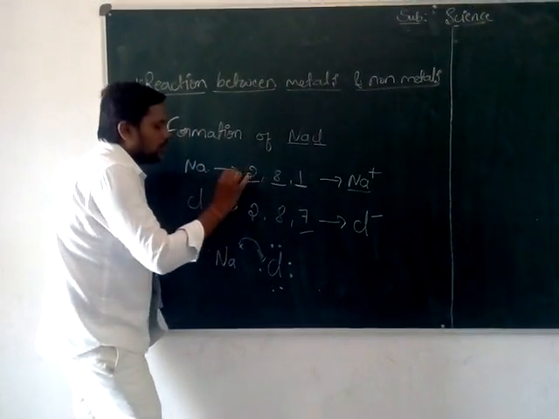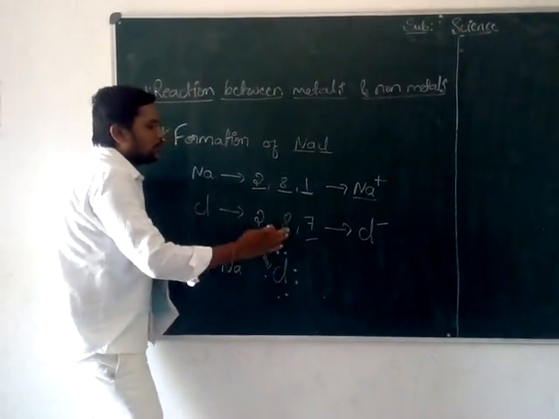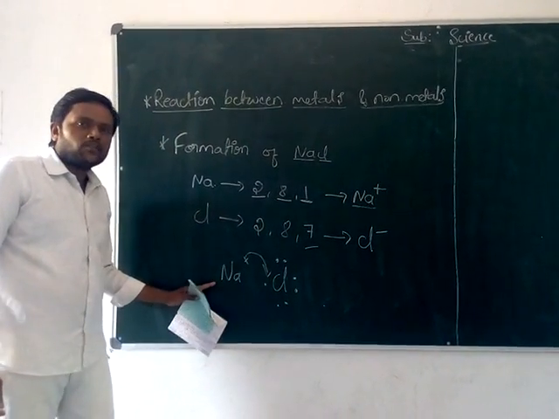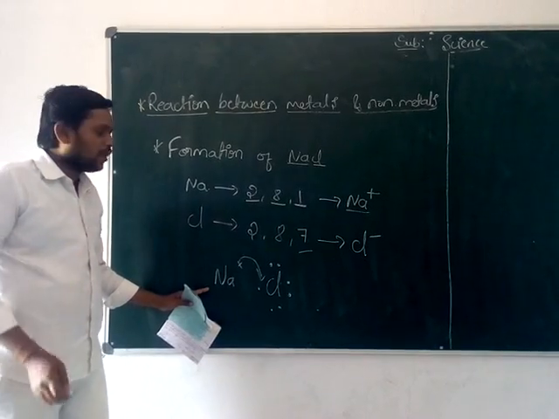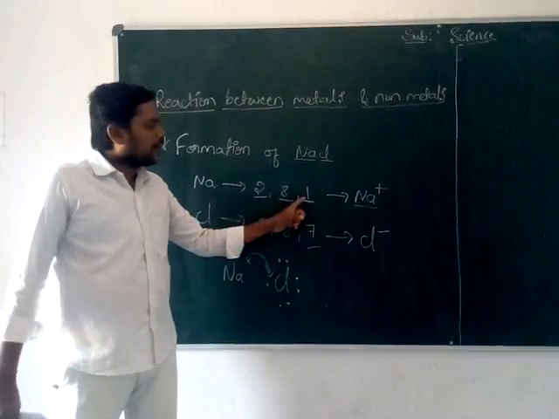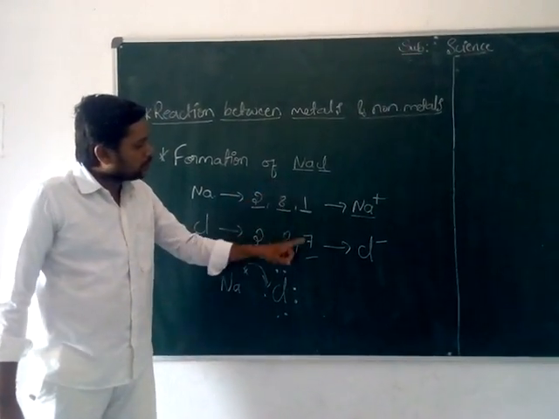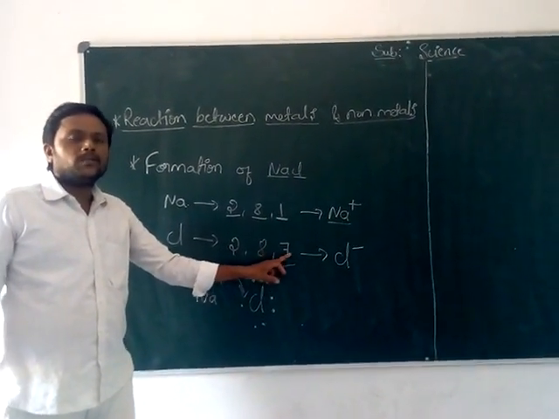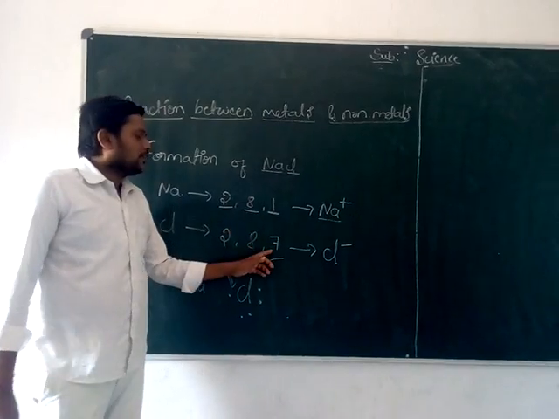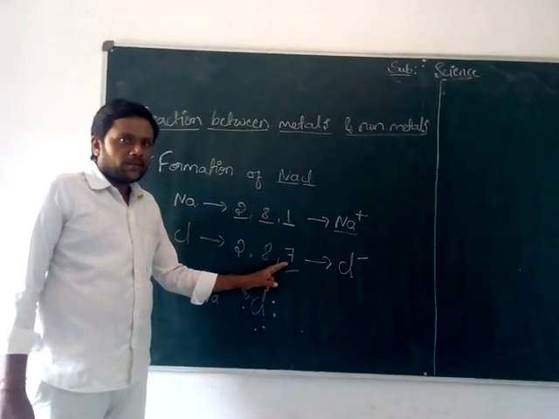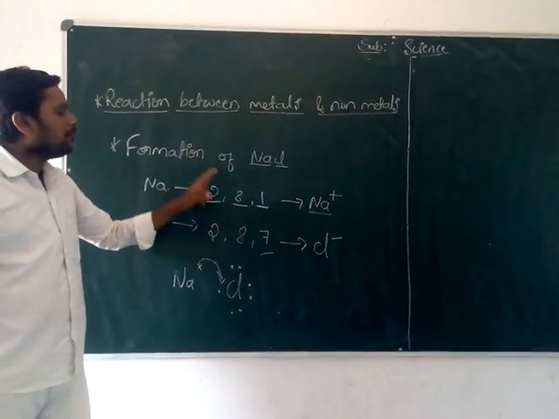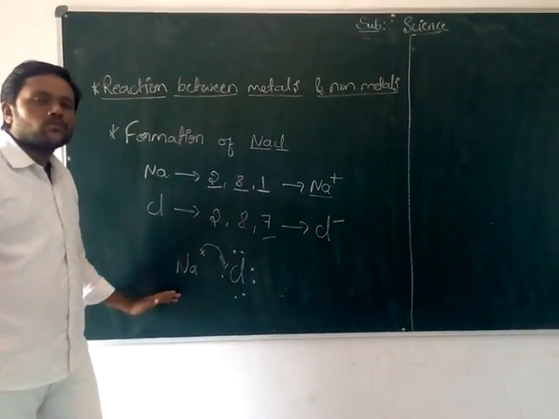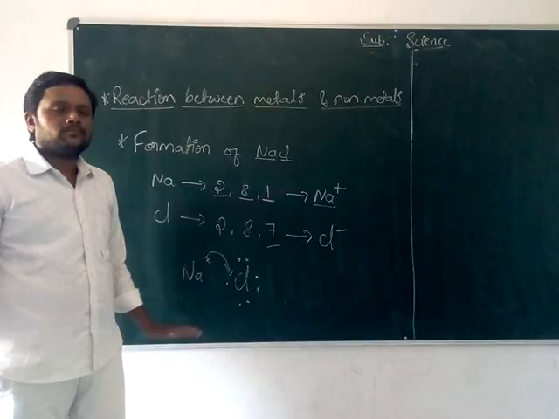When it is donated, the chlorine becomes a completely filled shell, going from 7 electrons to 8, and the sodium also becomes completely filled. Like this, the electrons are transferred between the sodium and chlorine.